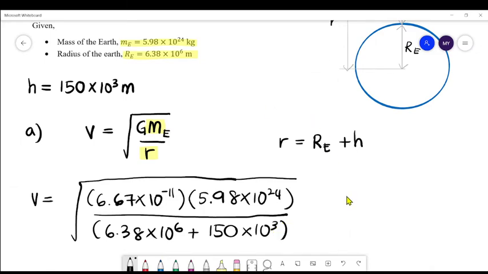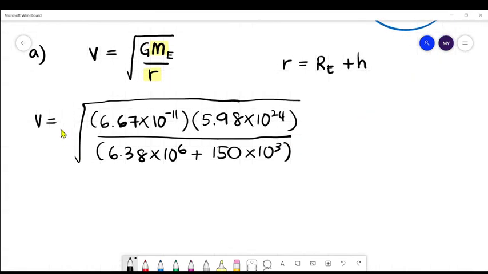Okay, dan kita akan tekan dan solve equation ini untuk dapat nilai V.